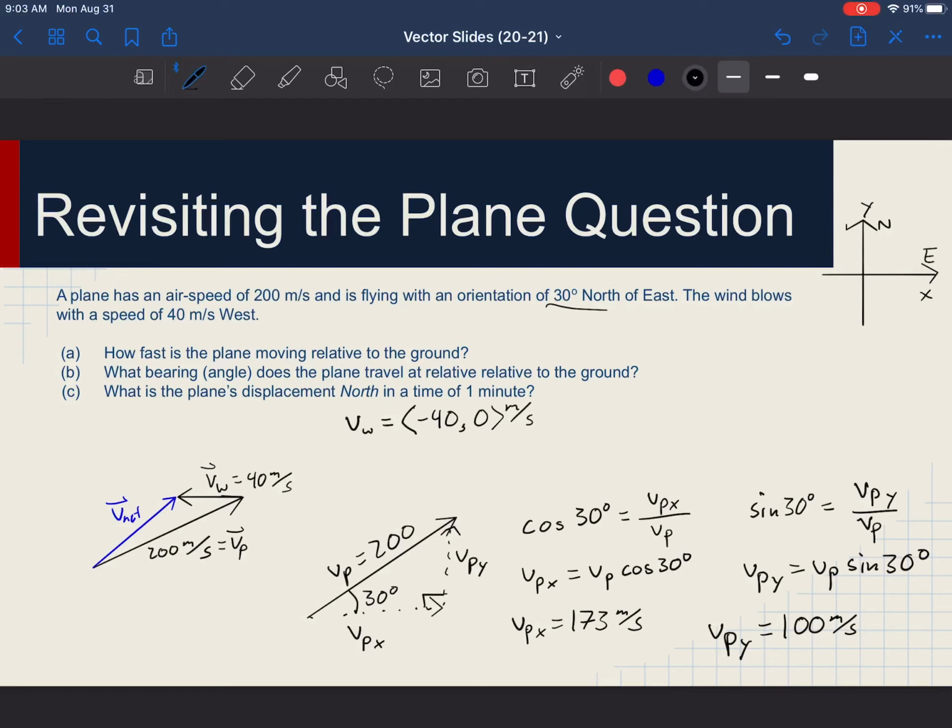So if I put these together in vector form, I get VP is equal to 173, comma, 100 in meters per second. These are truly vectors, so I should use that sign. Now if I want to find the net velocity, this vector, I simply add the components.